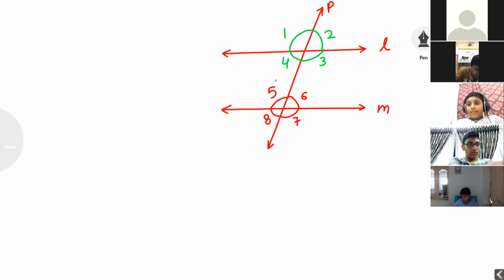Angle 1, angle 2, angle 3, angle 4. Students, don't use pen. Use pencil when you are drawing any figure.